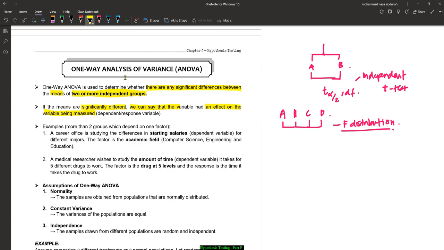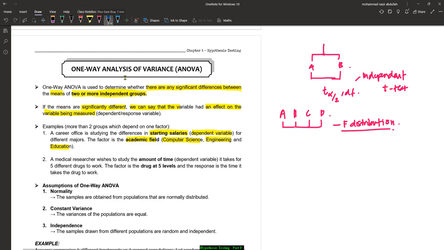So for example, a career office is study the difference in starting salaries, which is our dependent variable, in different measures, right? So the factor is academic field such as computer science, engineering, and education. So if you can see here, we have three groups.